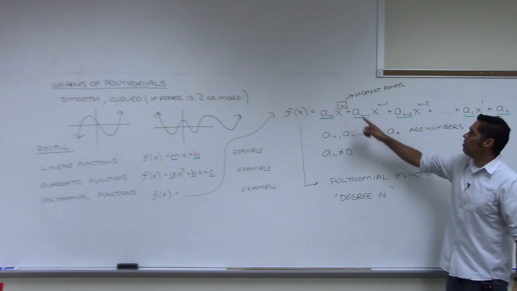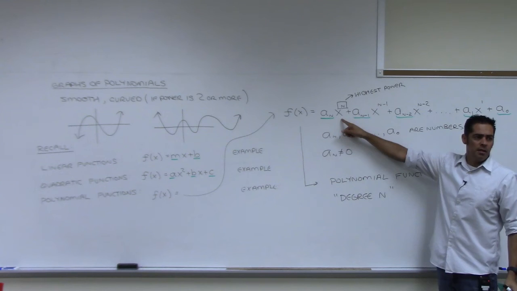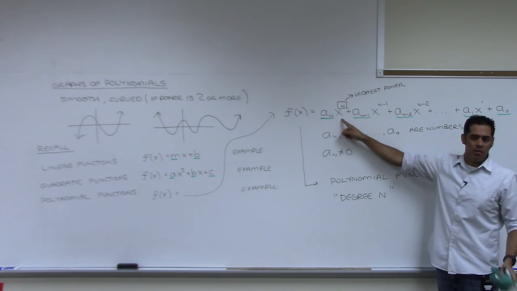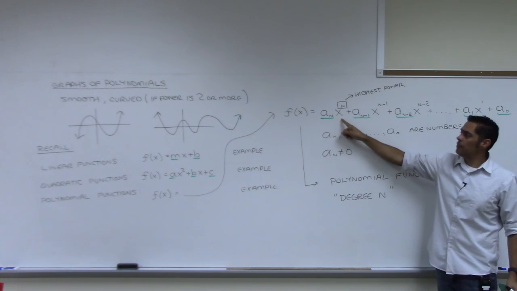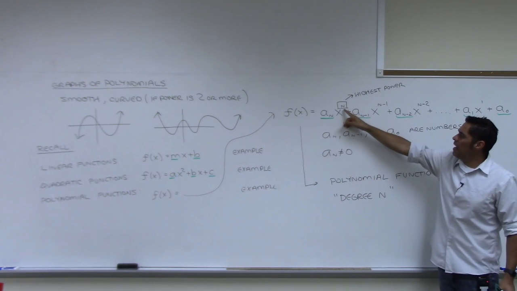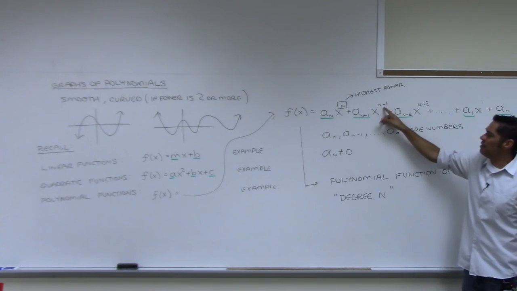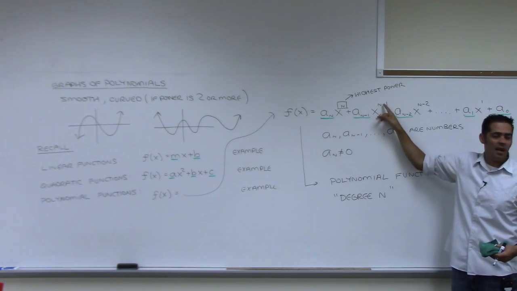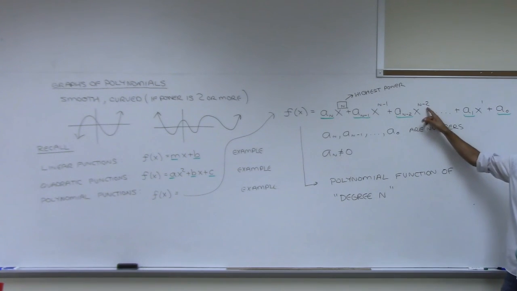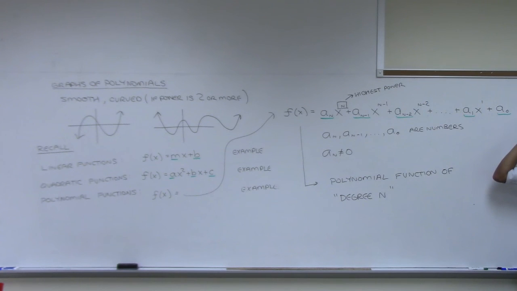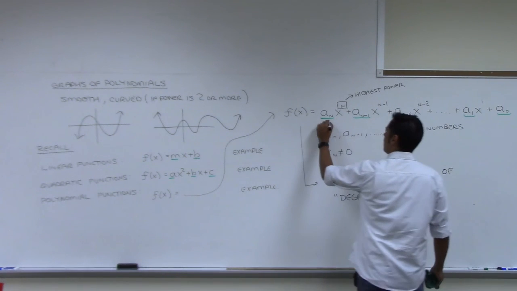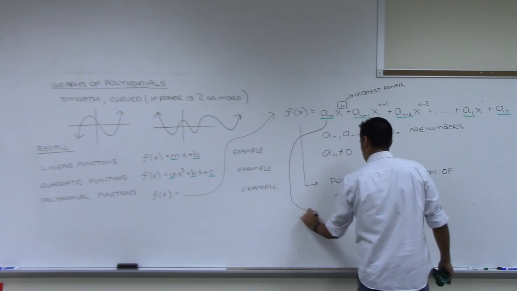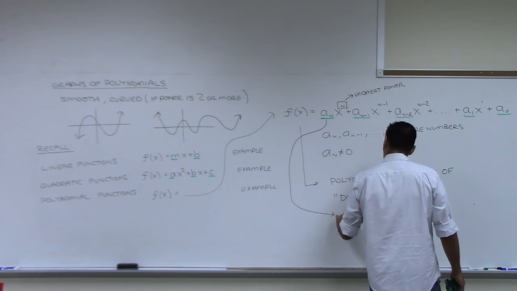N is your highest power of x that you see. Whatever the highest power is called the degree of the polynomial. So if this is n, the biggest power, do you see how this one is one less than it? So if that's like 100, this one would be 99, this one would be 98, 97, 96, and so on and so forth. So the n is your degree, and then the a sub n, this right here, is called your leading coefficient.